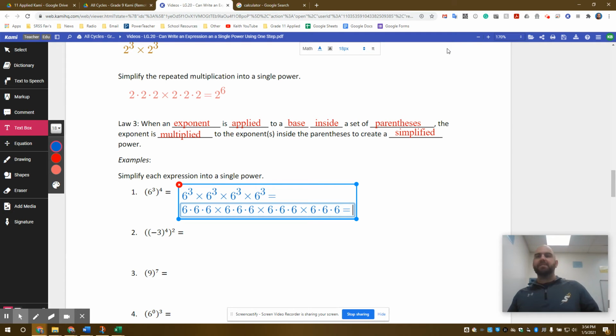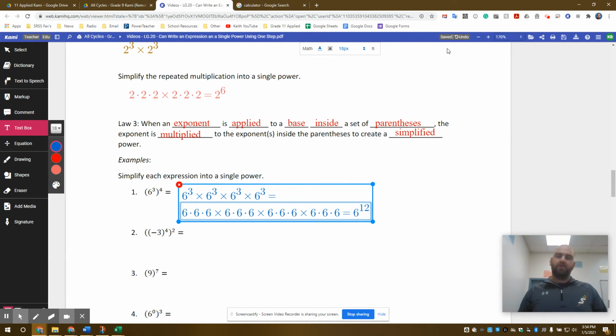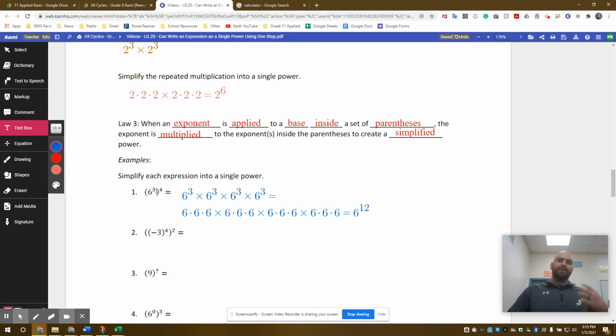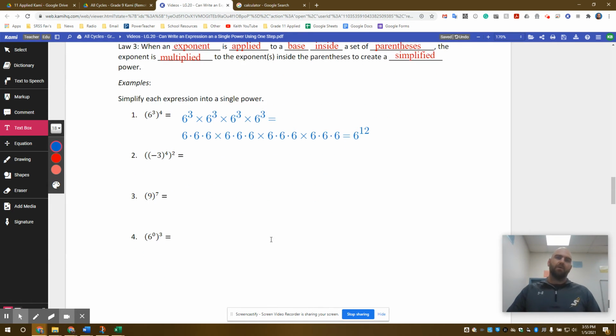Count them up. How many sixes do we have? We've got 12 of them. So if we want to put that all back into a single power, we have 12 sixes, and so this is 6 to the power of 12. 3 times 4 is 12, and that gives us our simplified power. So 6 cubed raised to the power of 4 is the same as 6 to the power of 12.